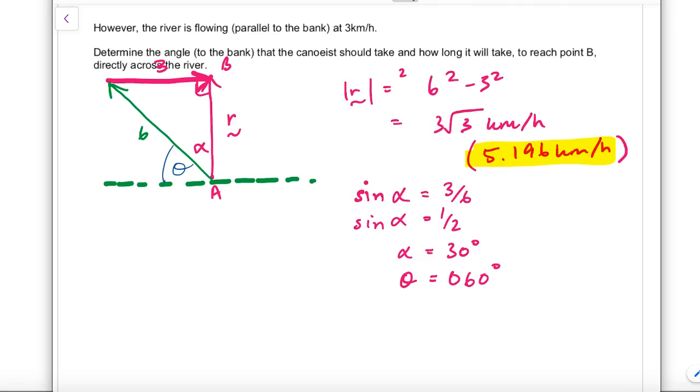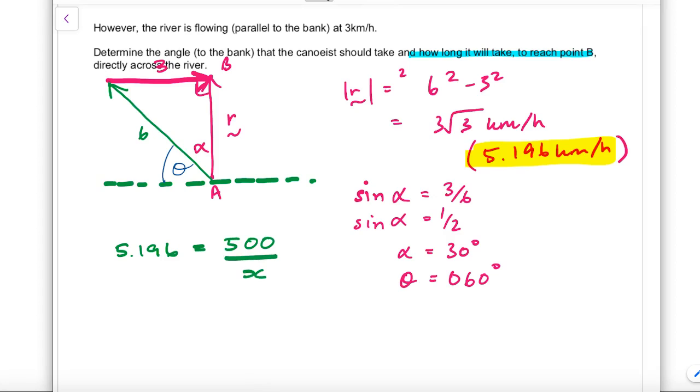And we want to find out how long it will take the canoeist to reach point B. So if we think about the fact that the resultant speed of 5.196 kilometres per hour should be the distance we want to travel, which is 500 metres, over the time, which we don't know.